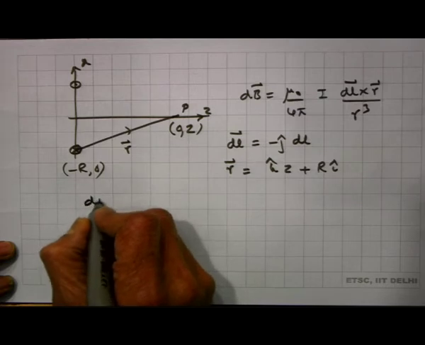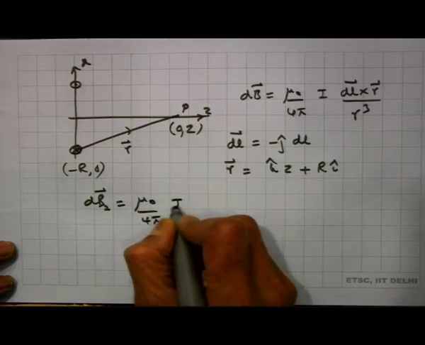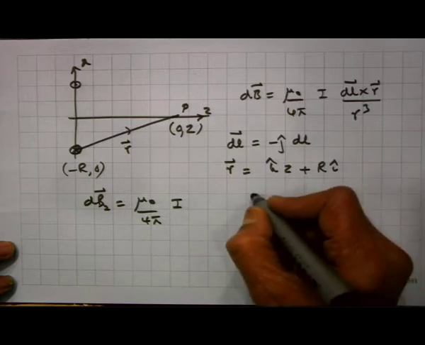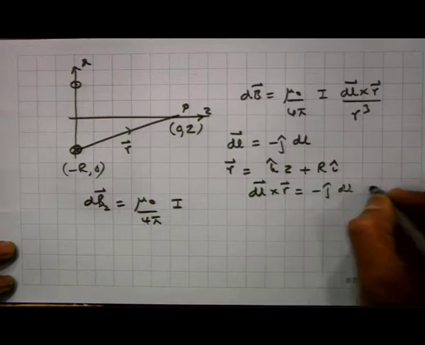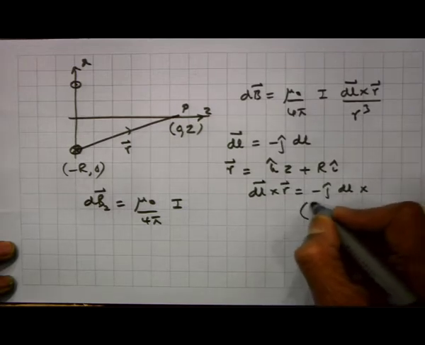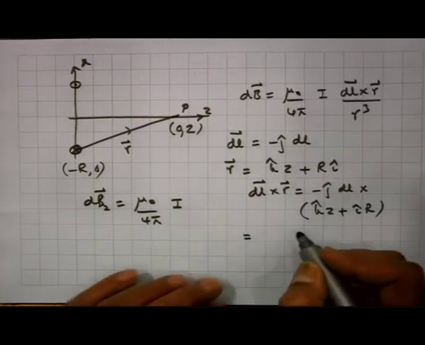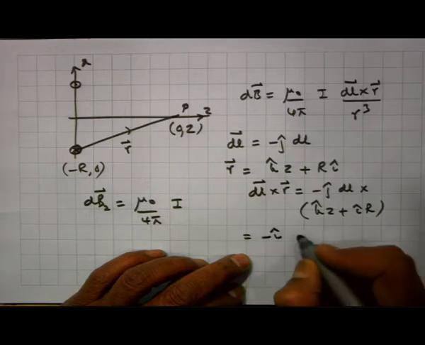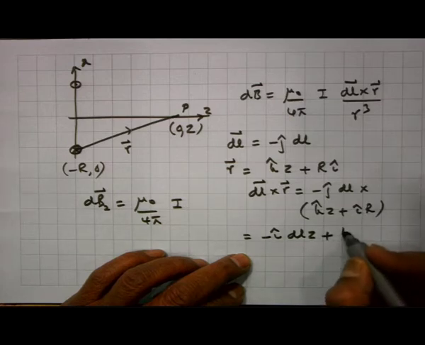So, dB2 will be equal to mu naught by 4 pi I. Now I must calculate dl cross r, so let me calculate it separately. dl cross r is equal to minus j cap dl cross k cap z plus i cap r, which is equal to, so minus j cap cross k cap is plus i cap. So, minus i cap dl into z, j cap cross i cap is minus k cap, so plus k cap r dl.